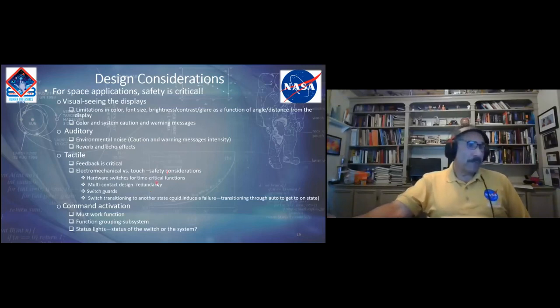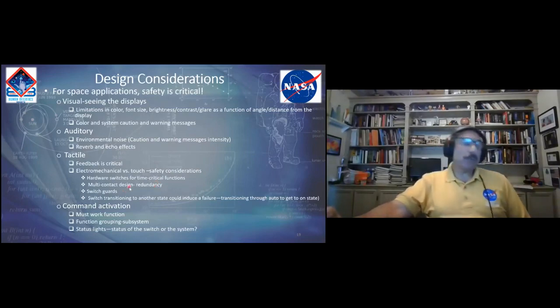Hardware switches for time critical functions. You probably want to look at using hardware switches for time critical things like maybe activating a thruster rather than doing touch, because if the touch doesn't register at a specific time, you might be in trouble. Multi-contact design.